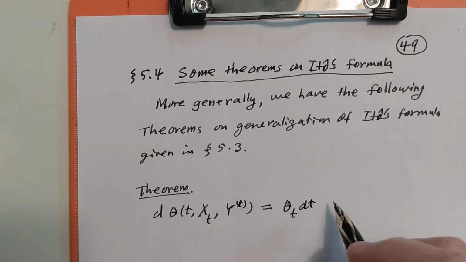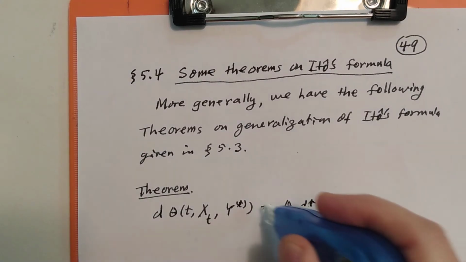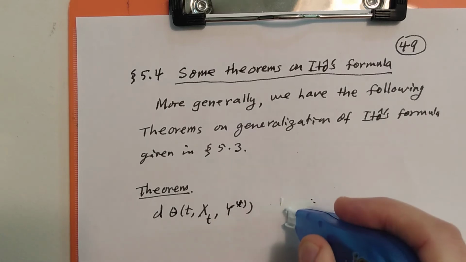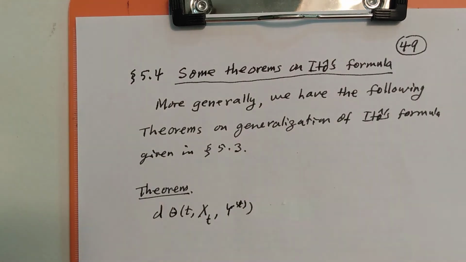And that is given by, okay, maybe I write it this way. That equals theta sub t, and here we should have x sub t, y sub t, but let's not worry about it, it's just to make it easier to read, dt.